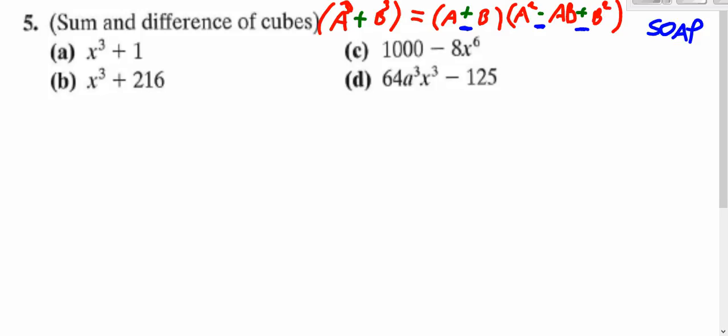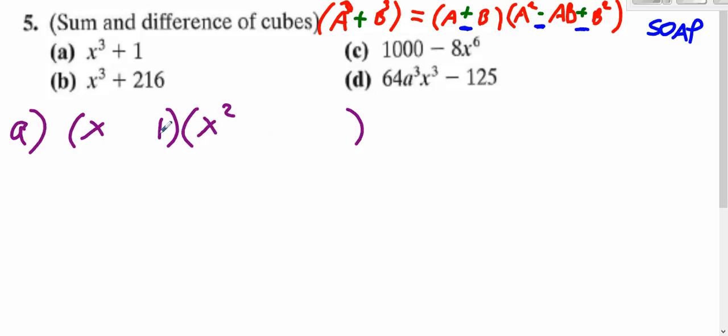So all you got to do with the problem is look to see what is being cubed. So for A, it's an x cubed and a 1 cubed. So x and 1. And then the big trinomial part of our factor is squared.